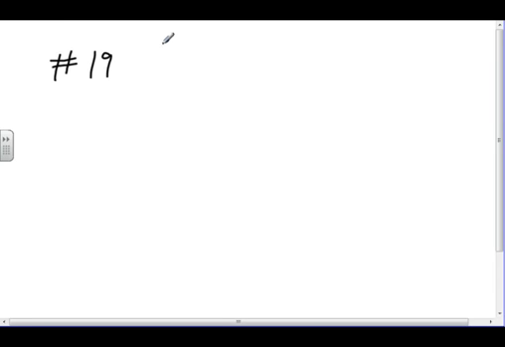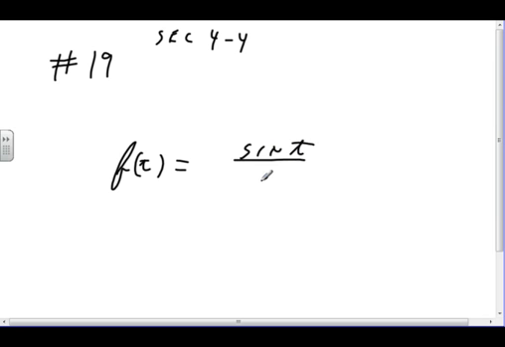19. Same section 4.4? Yep, these are all in the same section. So I got f of t is equal to sine t over t. And I'm doing the same thing. Either you're going to use Theorem 2 or I'm going to use Theorem 3. Those are my only choices.